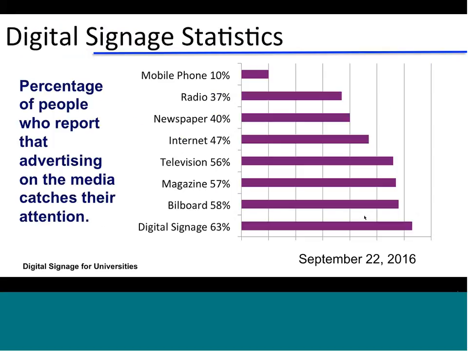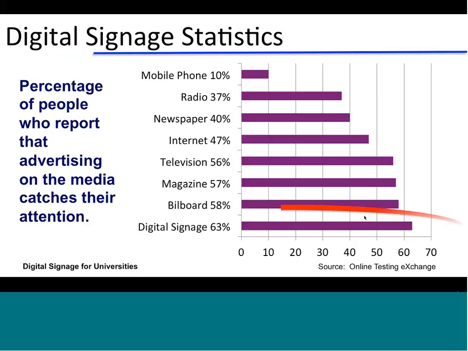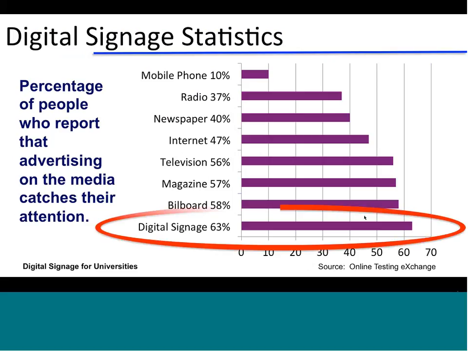The next slide is kind of indicative of what's going on out in the marketplace. And I think it provides a very impressive statement with regards to digital signage, and that is that 63% of people say advertising catches their attention using signage compared to the other modes that we have listed here.